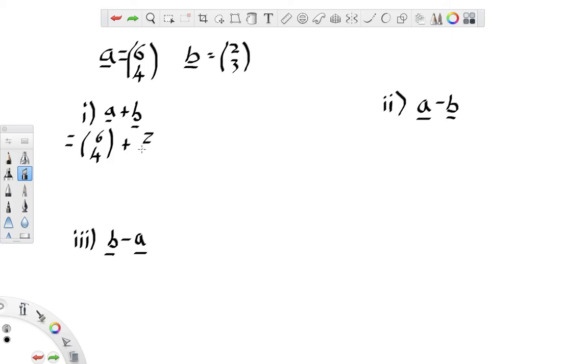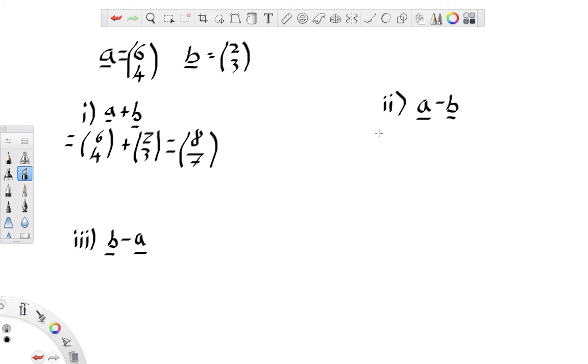So we add the top, the horizontal component, so 6 plus 2 is 8, and then we add the vertical components, the bottoms, so 4 plus 3, well that's 7. So A plus B here is the vector 8, 7.